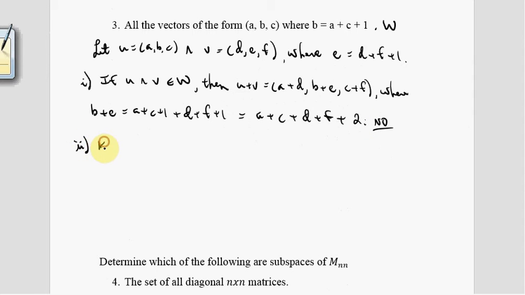What about the second one? K times U is KA, comma, KB, comma, KC, where KB is equal to KA plus KC plus, here this is 1.